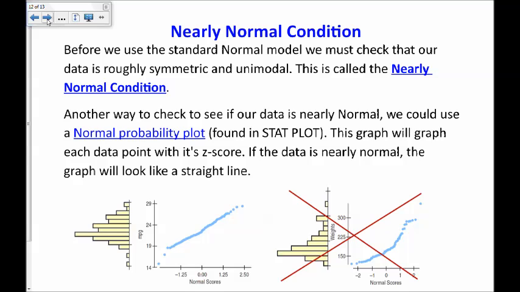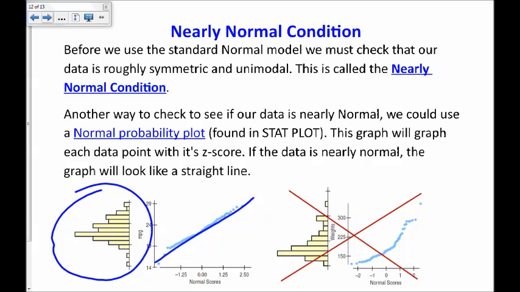You can check on a histogram to see if it's symmetric and unimodal, or you can use what's called a normal probability plot found in StatPlot on your calculator. This plot will graph each data point with its z-score. If the graph looks roughly straight, which this looks roughly straight, then it is nearly normal. And you can see over here in the graph that it is symmetric and unimodal.